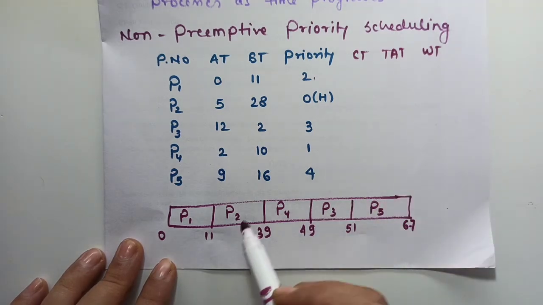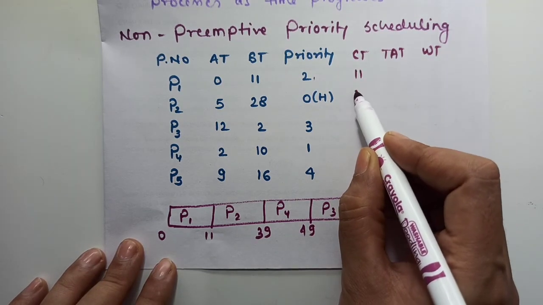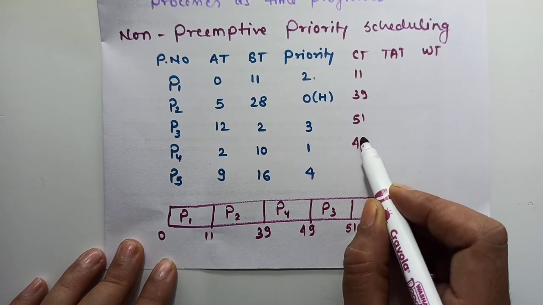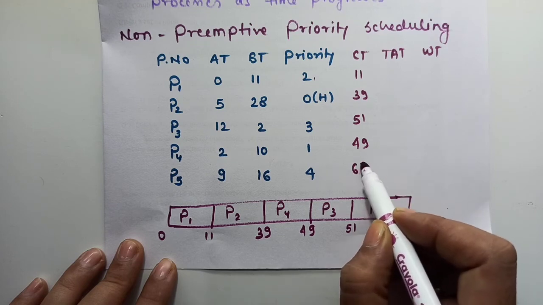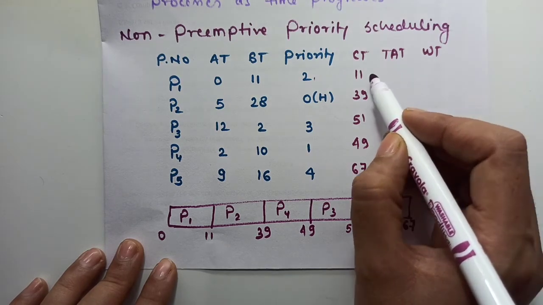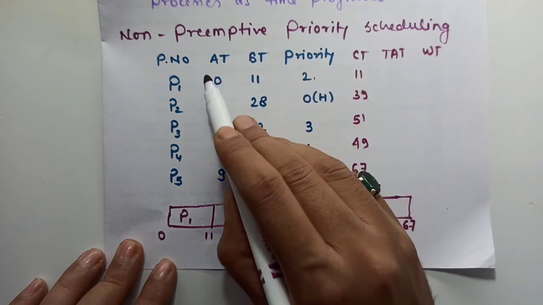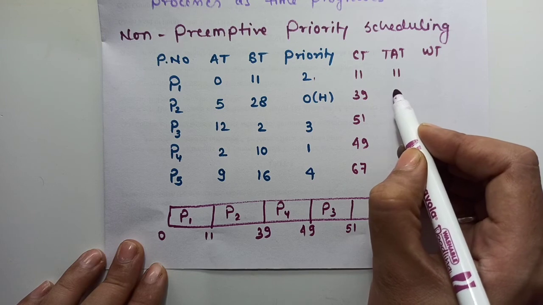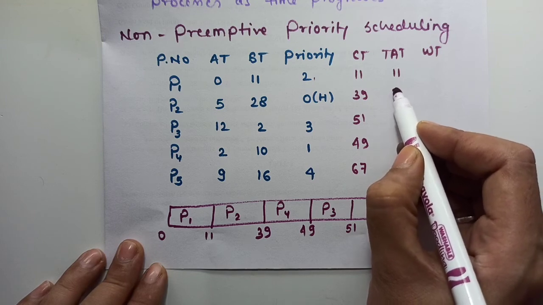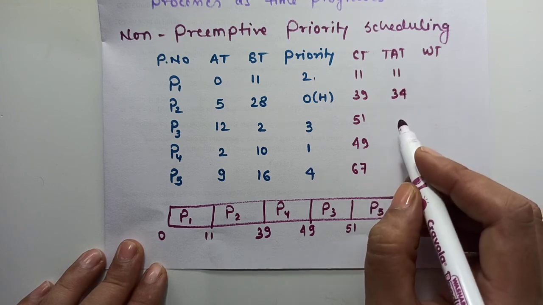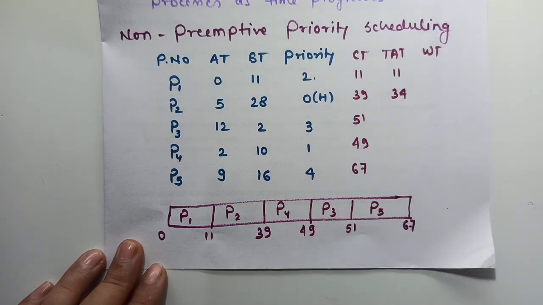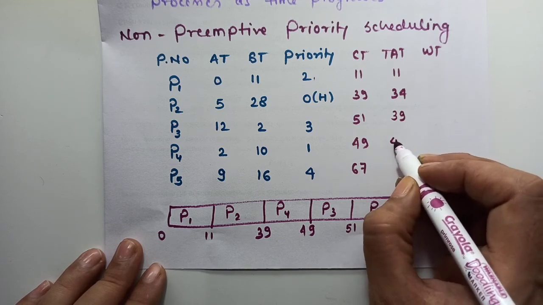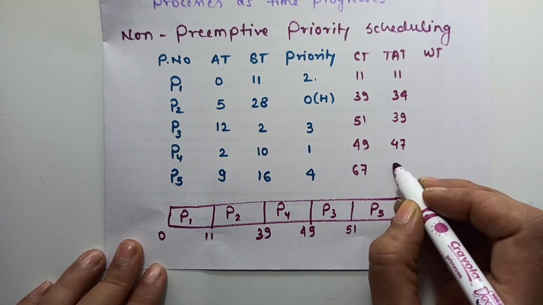Let's calculate. Completion time of process P1 is 11, P2 is 39, P3 is 51, P4 is 49, P5 is 67. Then turnaround time is completion time minus arrival time. So 11 minus 0 is 11, 39 minus 5 is 34, 51 minus 12 is 39, 49 minus 2 is 47, 67 minus 9 is 58.